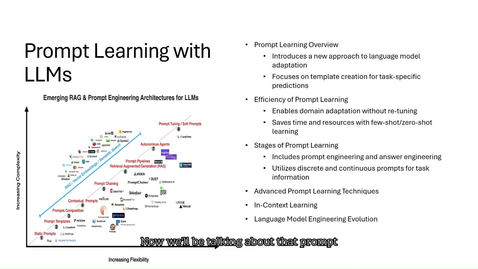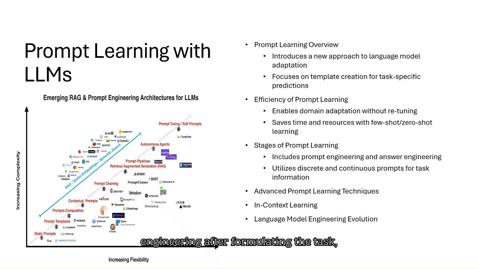Now we'll be talking about prompt learning, which will freeze the language model and directly perform few-shot and zero-shot learning on it. This enables a large language model to be pre-trained on a large amount of raw text data and be adapted to new domains without tuning it again. Hence, prompt learning could save much time. Traditionally, prompt learning involves the model with a task that can be done in multiple stages: prompt engineering and answer engineering. Prompt engineering involves a prompt which can be either discrete, which could be manually designed, or continuously added to the input embeddings.